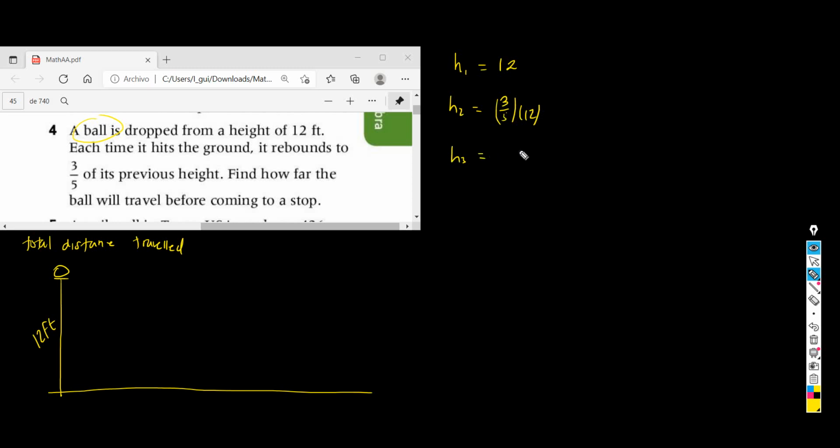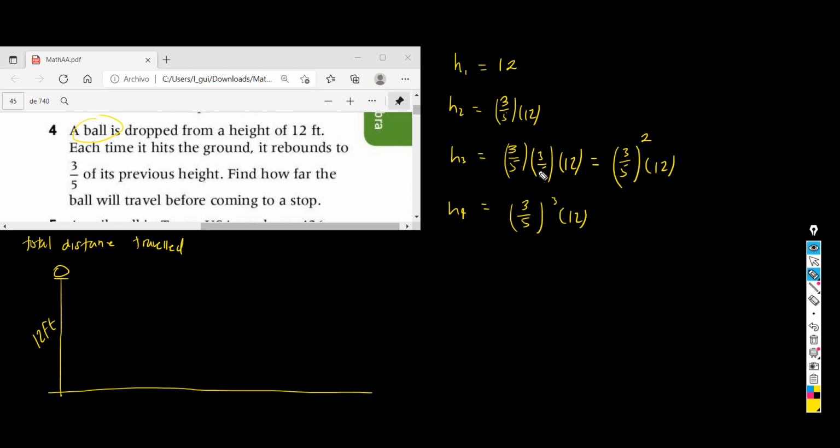And the height 3 is gonna be 3/5 of all of this, so it's gonna be 3/5 times 3/5 times 12, and that can be written very neatly in this way: 3/5 squared times 12, and so on for the rest of the heights. So for the height number 4, you're gonna have 3/5 cubed times 12, and so on.